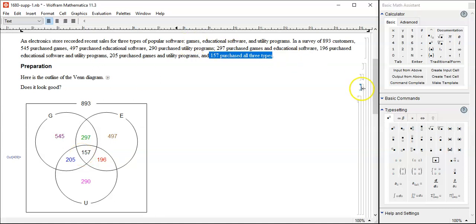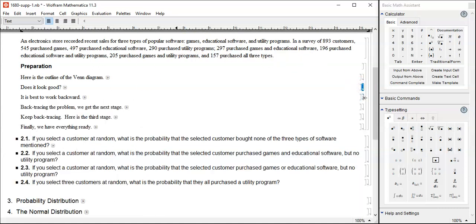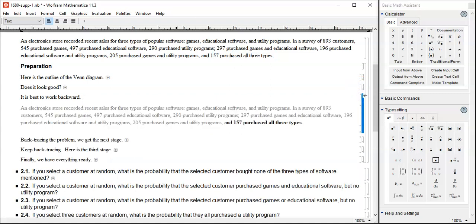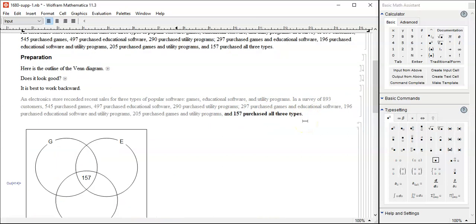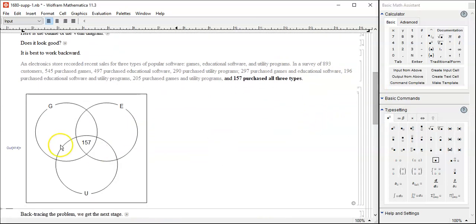Okay? And then let's backtrace the problem. Let's work backward. This one first. 157 purchased all three types. Okay? All right. There you go. Next, let's figure out the people who would go in these overlaps. What do I have? 205 purchased games and utility programs, and then 196, and then 297.